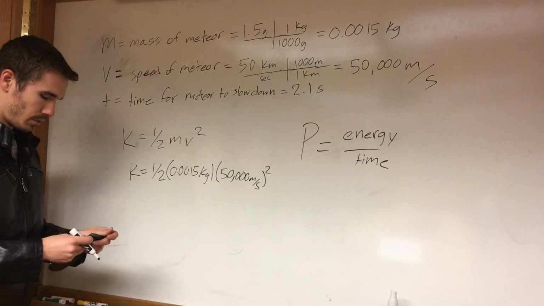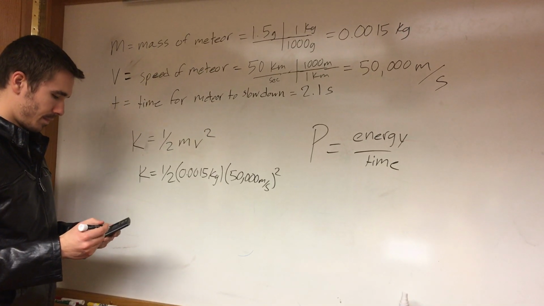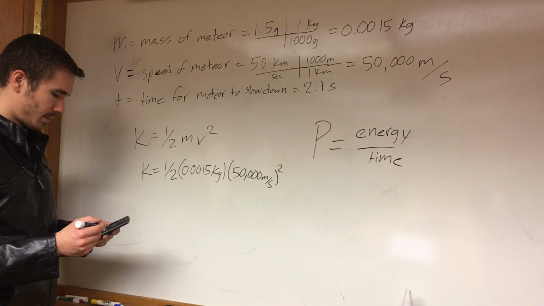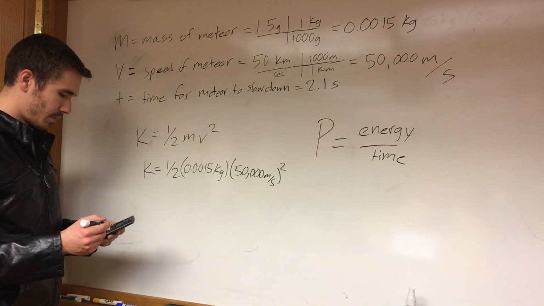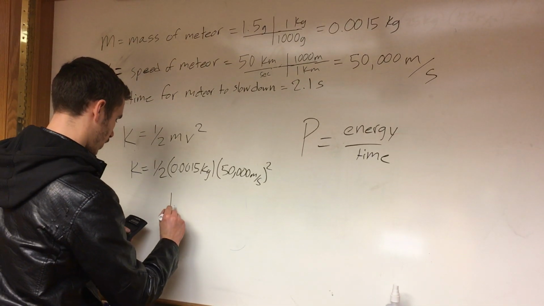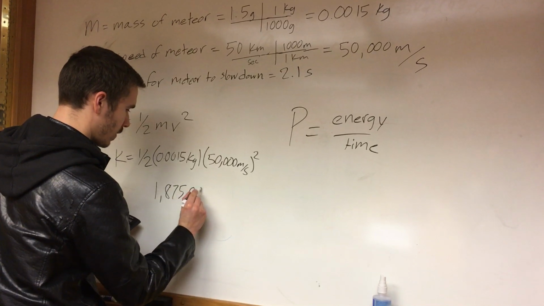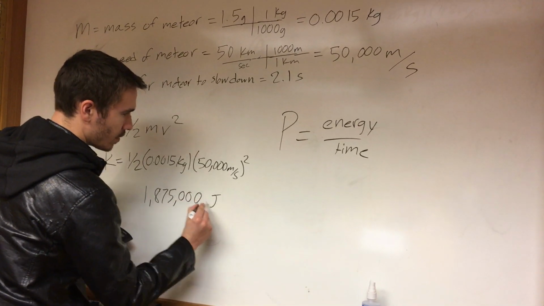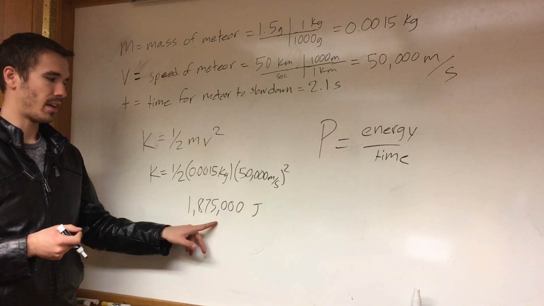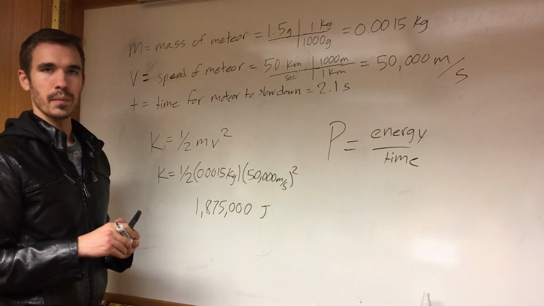So once we run this through our calculator, we should get 1,875,000 joules, which is the kinetic energy from the meteor.